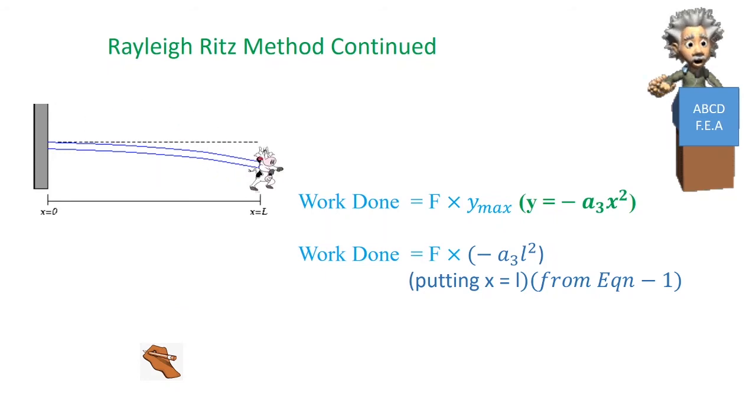That means the work done on the system by external force at the end is 0. That means if we write work done is equal to force into y max, y is equal to minus A3x square, which we got from the previous slide. So work done on the system is force into minus A3L square.